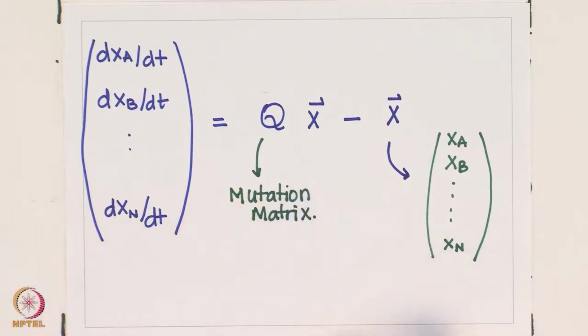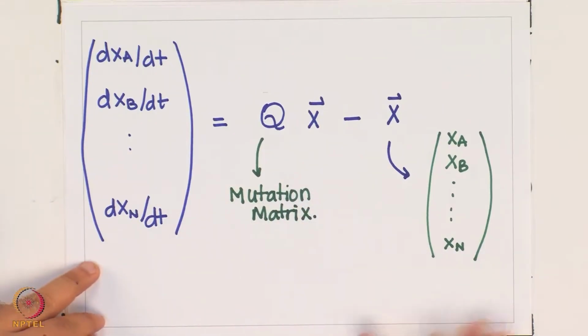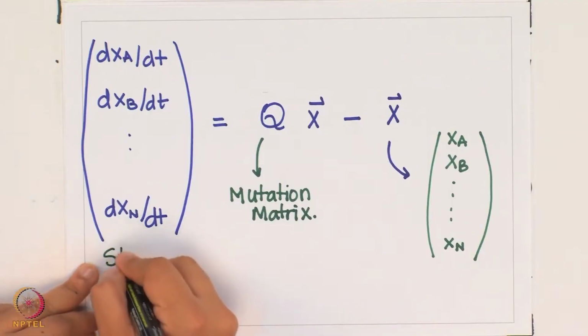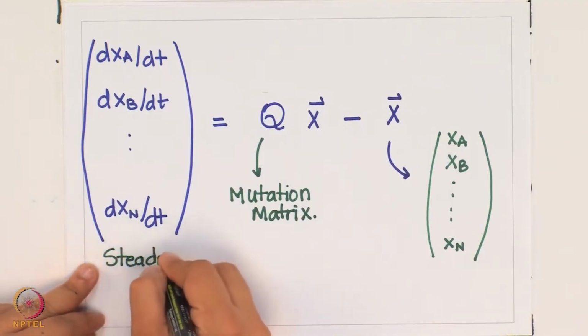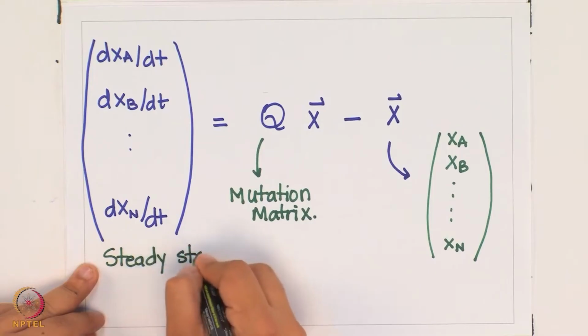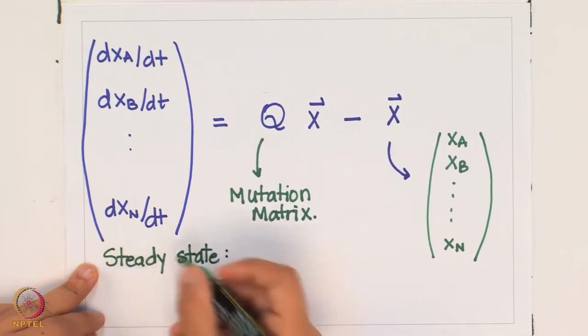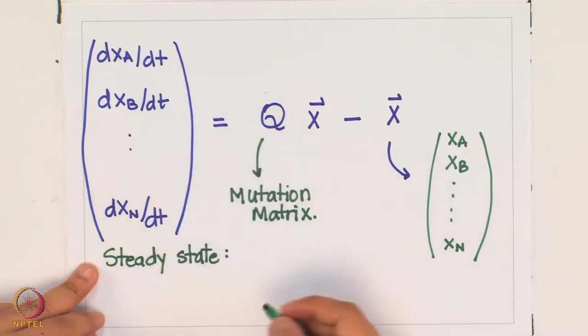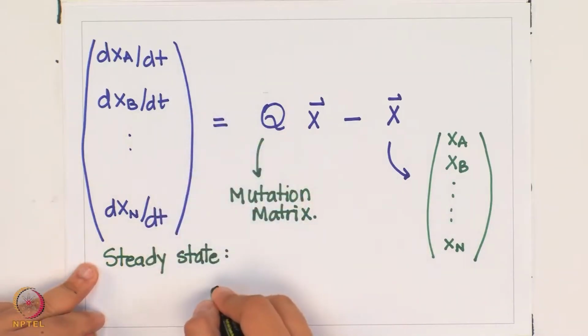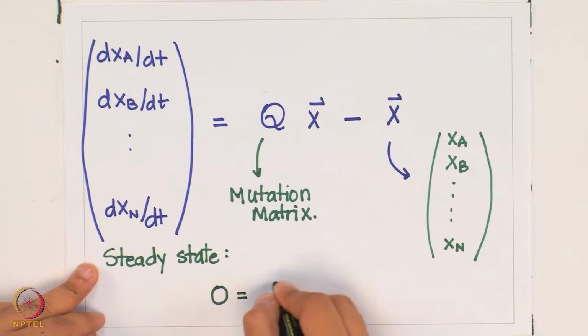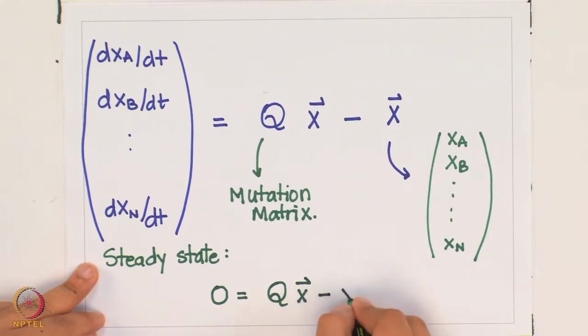And to arrive at the solution of this equation, we have to first look at the steady state, which would imply that all derivatives on the left hand side are equal to 0. That means to solve this system, we have to solve the following equation: 0 equals mutation matrix Q times vector x minus x.